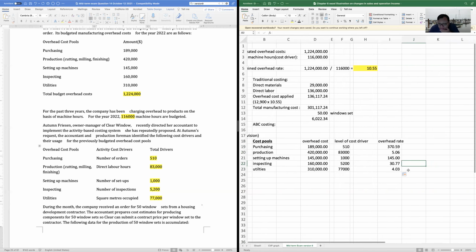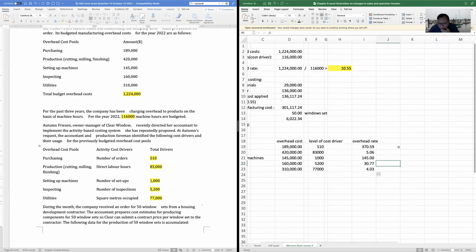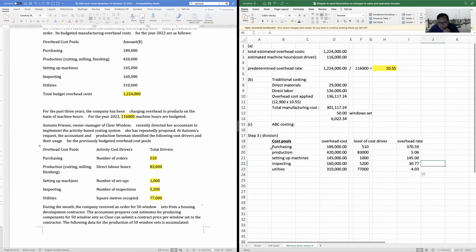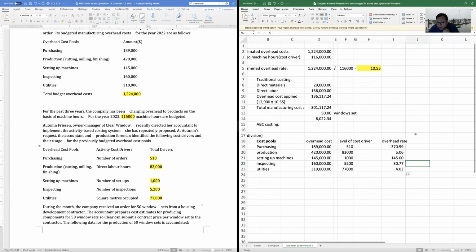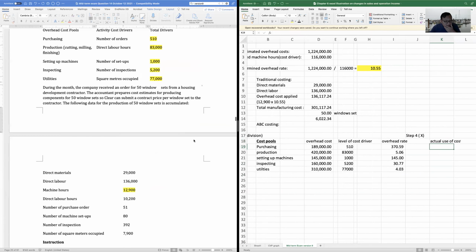And then what's step 4? Step 4 is multiplication. So what's the actual use for these 50 sets? What's the actual use of the cost driver for the 50 sets, right? And that information is also given.